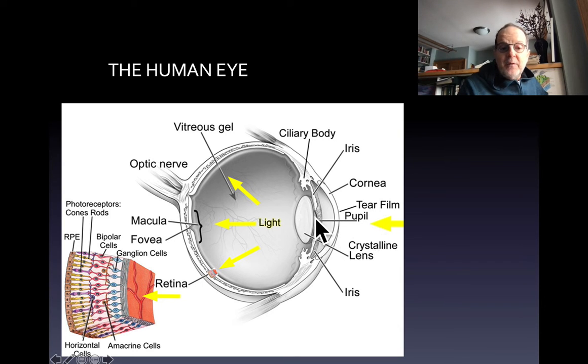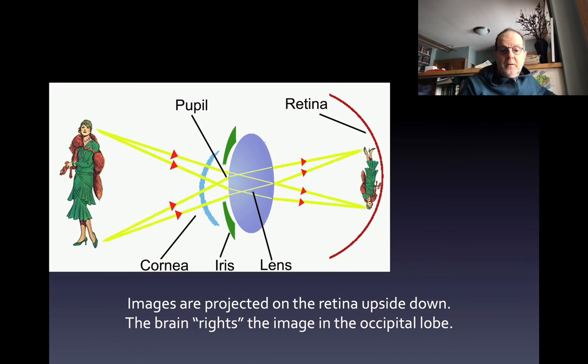The lens then focuses visible light back on the retina. The retina consists of millions and millions of rods and cones, which are sensitive to color and or simple white light, black and white.